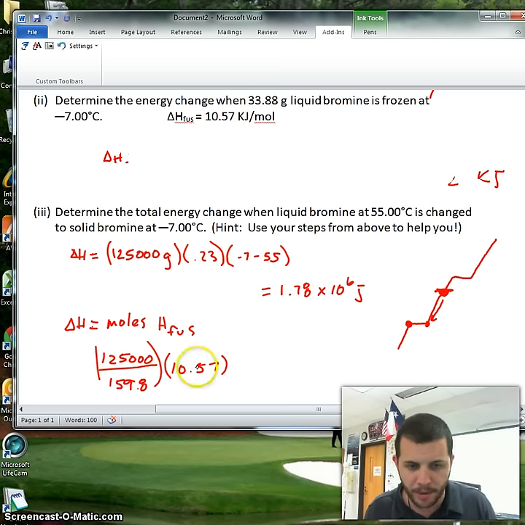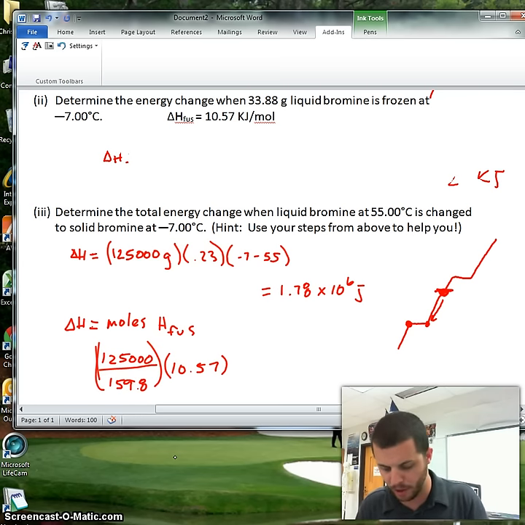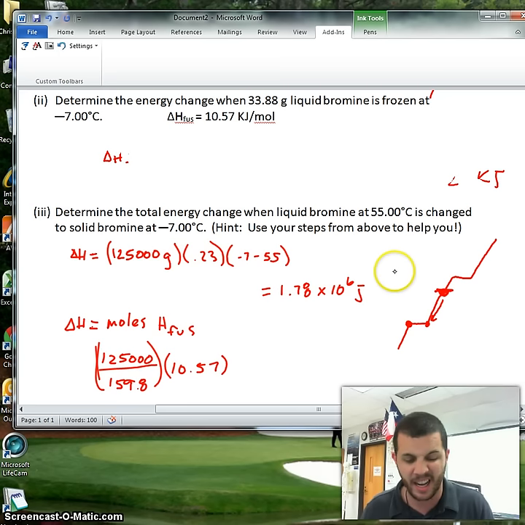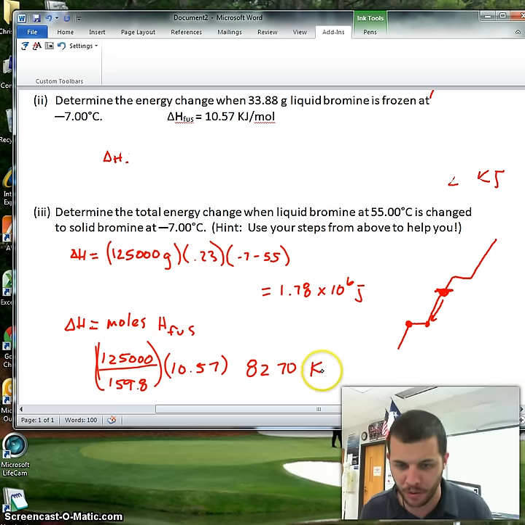And I can put all that in parentheses. So now I'm going to plug this number into my calculator. 125,000 divided by 159.8 equals, multiply that number by 10.57, and I get 8,270 kilojoules, because right here I have kilojoules in my heat of fusion constant.